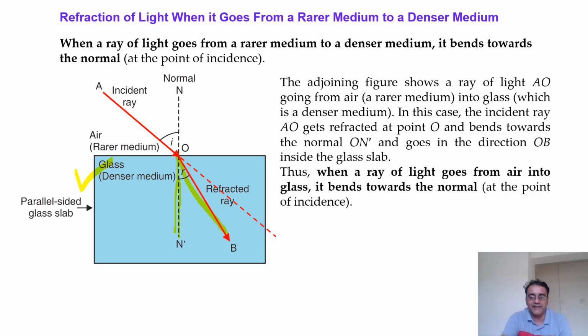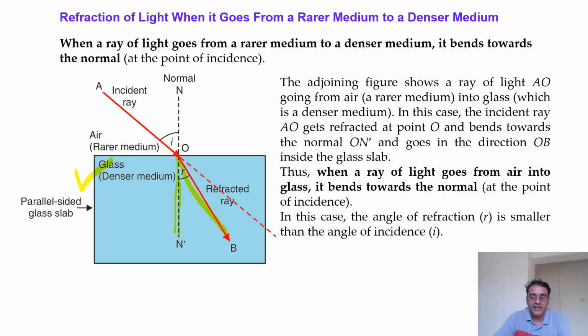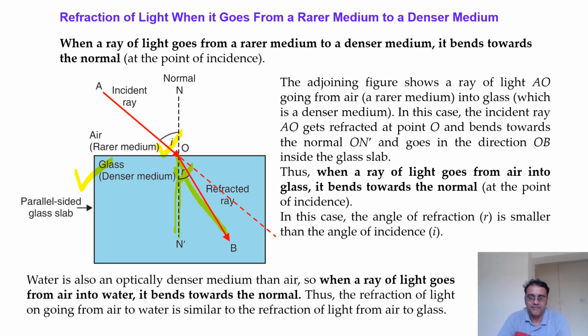Thus when a ray of light goes from air into glass, it bends towards the normal at the point of incidence. In this case the angle of refraction r is smaller than the angle of incidence. Obviously diagram से हम लोग देख सकते हैं this angle is greater than this angle, that is angle of refraction is smaller than the angle of incidence.